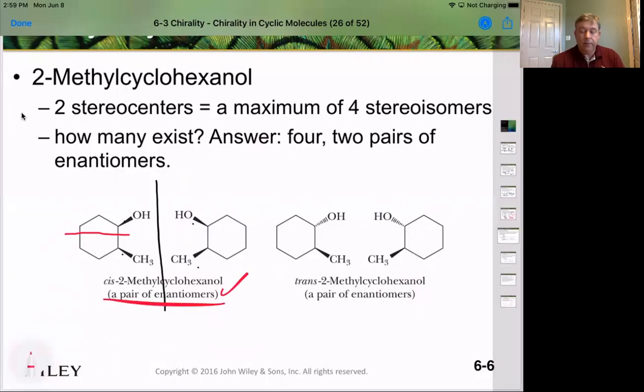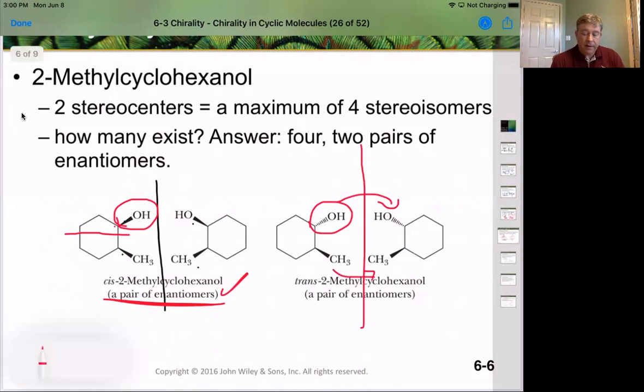Now, again, to create the other pair of enantiomers, we take one of the groups and switch it. So we've taken this solid wedge and turned it into a dashed wedge. And now we use our mirror plane here to generate our OH in the back, our methyl in the front. Now let's try to create a mirror plane somewhere in this system here.